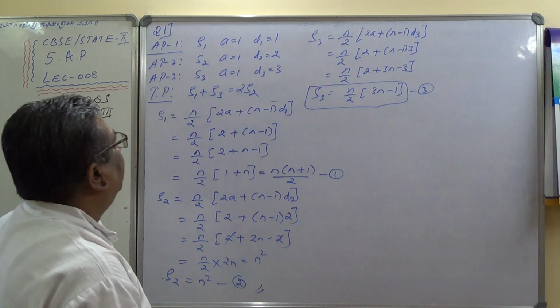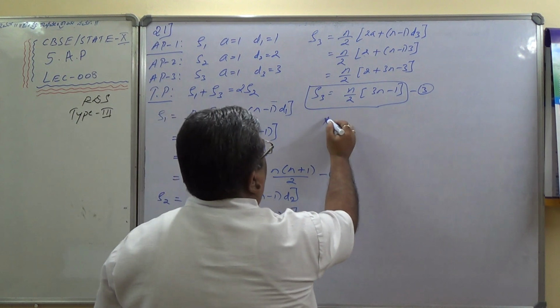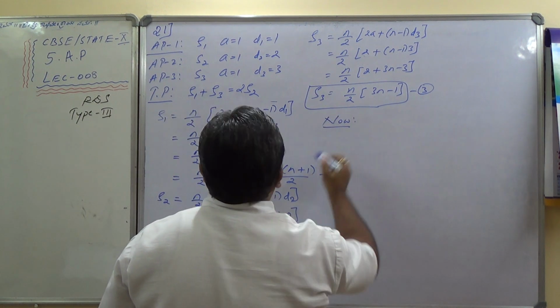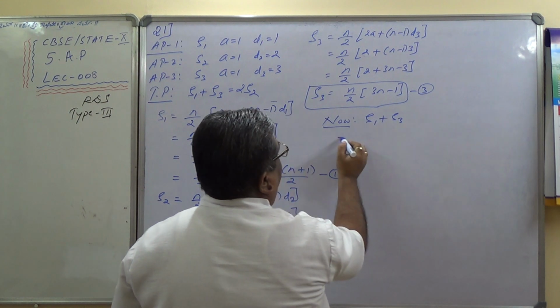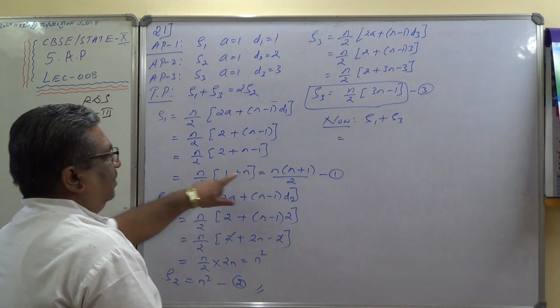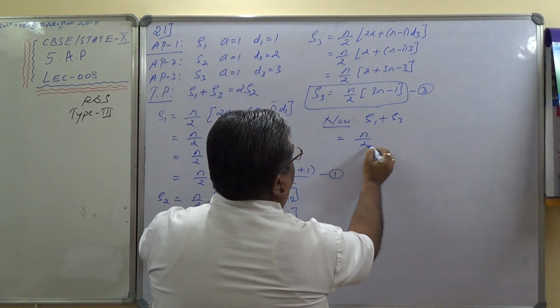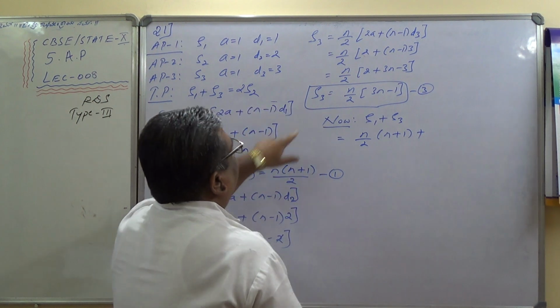What is to be proved? S1 plus S3 is equal to 2S2. Now, S1 plus S3 equals S1, here it is, n by 2 into n plus 1, plus S3 here.